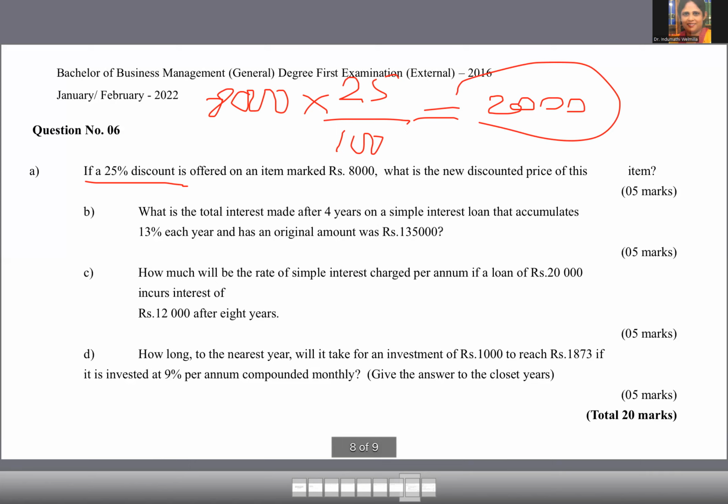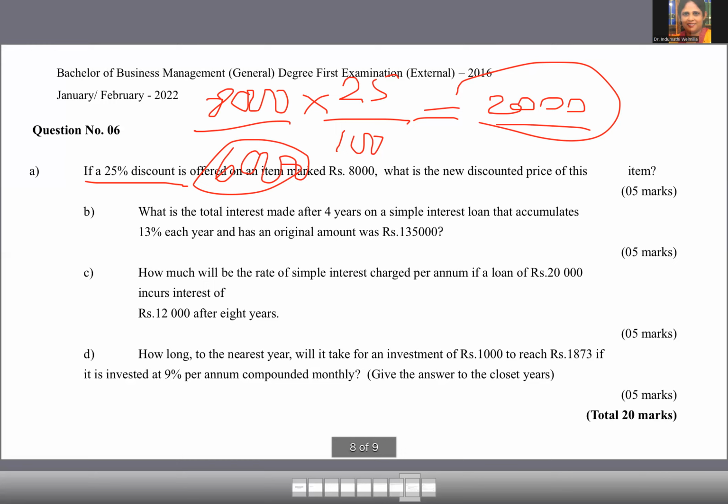What it asks is, what is the new discounted price? But now you know, right? After the discount, the item's price should be less than the marked price, because we deduct the discount. So the new price should be 8,000 minus 2,000. That means the answer should be 6,000. This section is very easy, a simple thing. You can answer with your general knowledge.